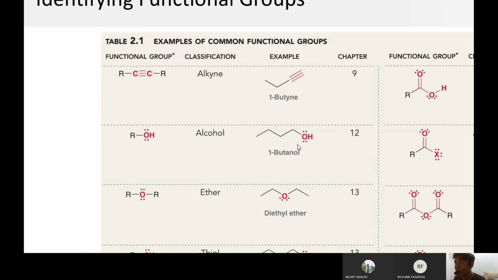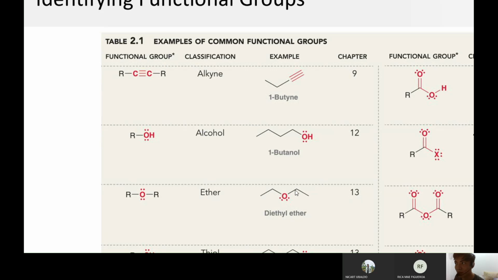If there is an OH, we call that an alcohol. Those are ethanol, propanol, isopropyl alcohol. Whenever there is an OH, it's an alcohol. Now, ether: in an ether, you have an oxygen in between two carbons.